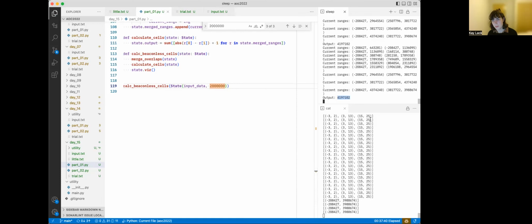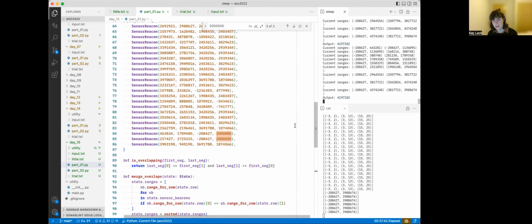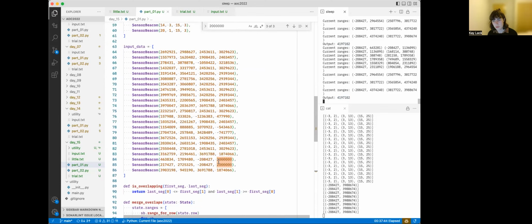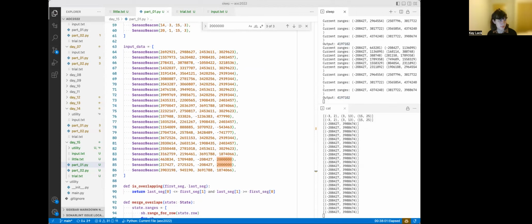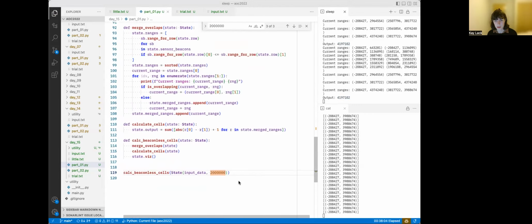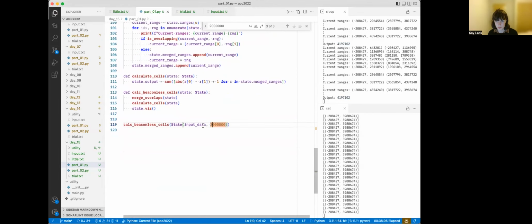So this number, less the one beacon that is in Y 2 million, in principle should just be this less 1. No, still too low. Let's try and code this out. Look at 9.